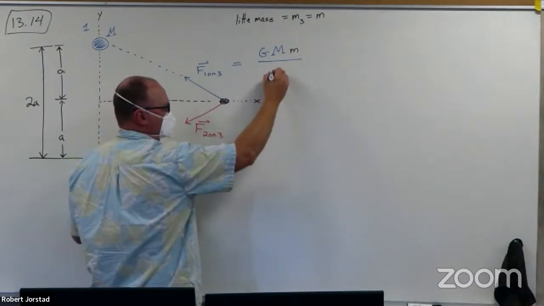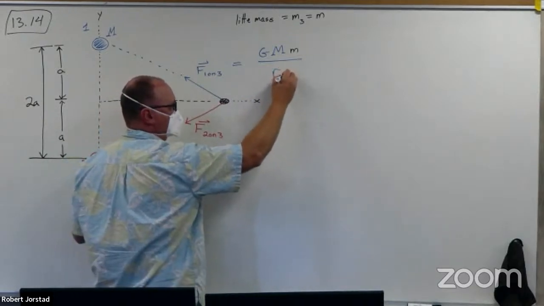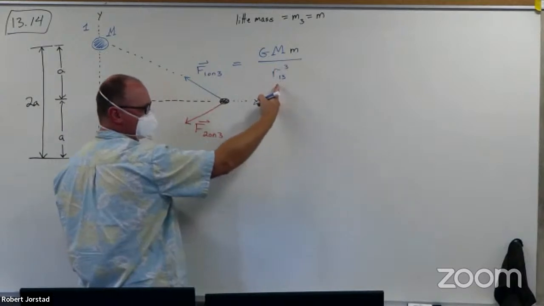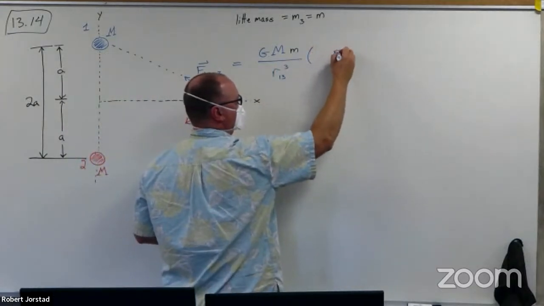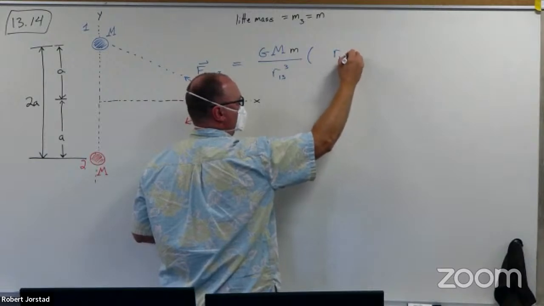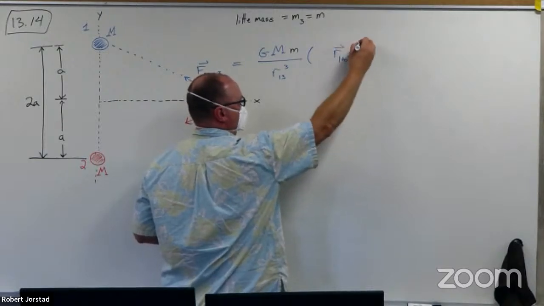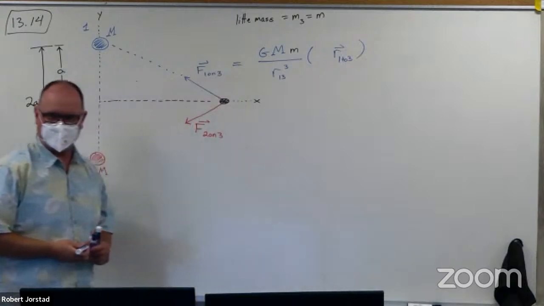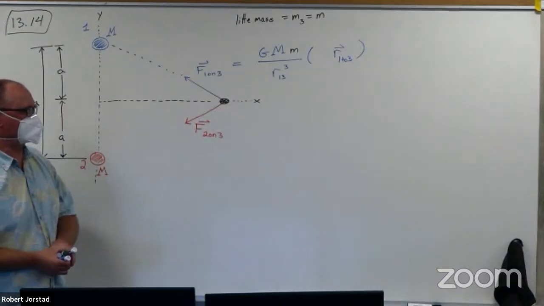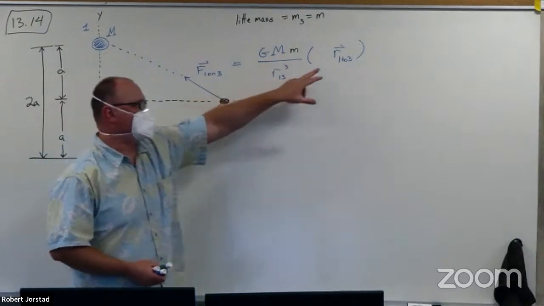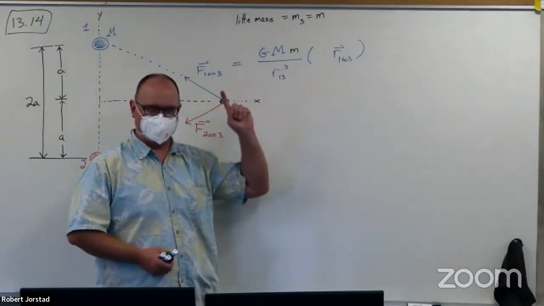I could divide by r cubed as long as I multiply by the vector. Is that correct? It's missing something. I've got the right m's. I'm missing something.